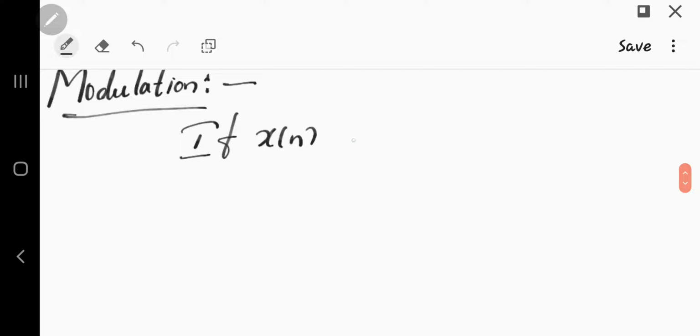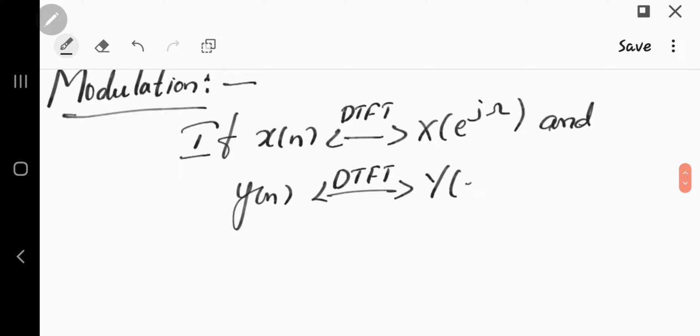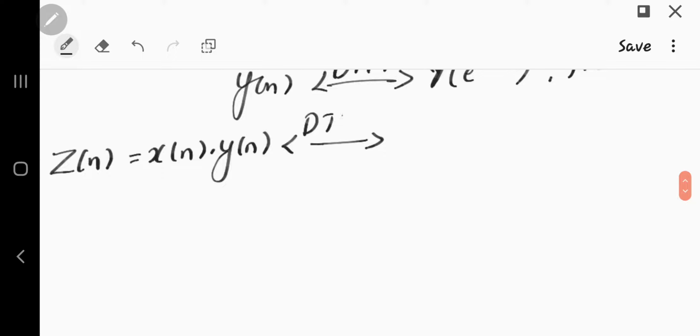If x of n gives X of e power j omega and y of n gives Y of e power j omega, then z of n, so it is just the reverse of convolution. The multiplication in time domain will end up with convolution in frequency domain.